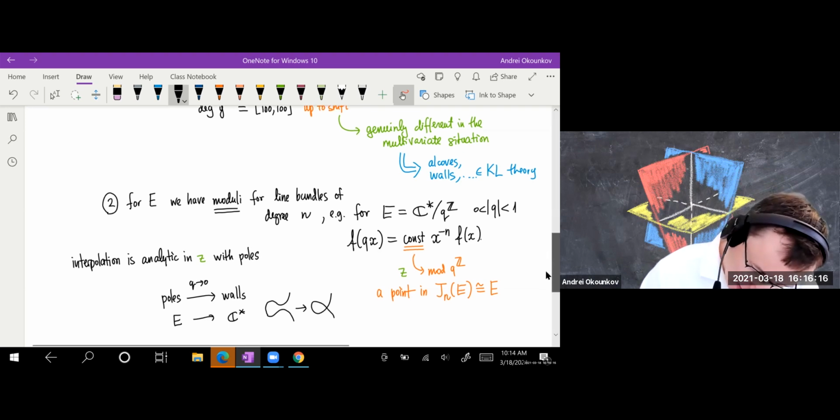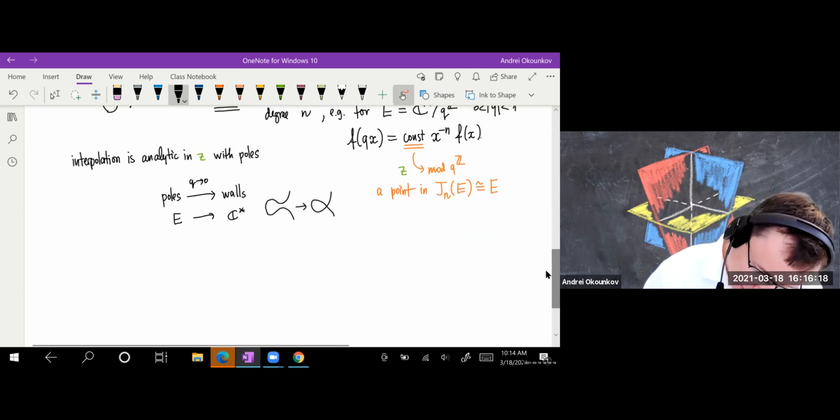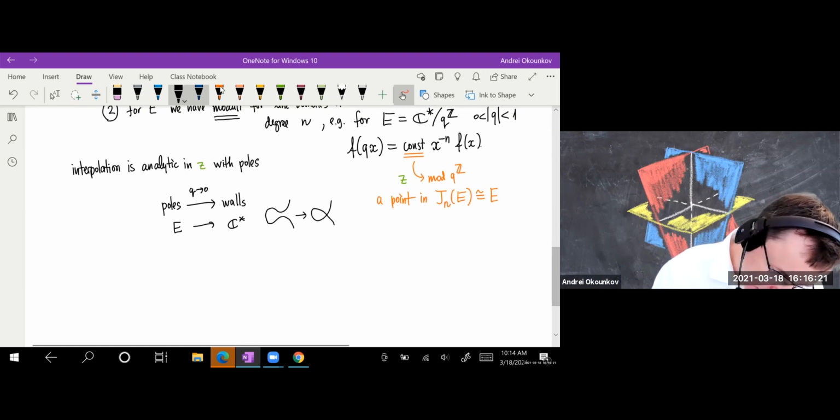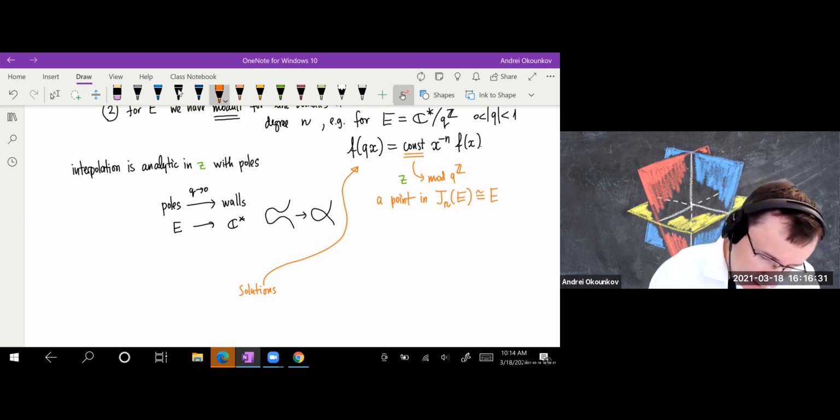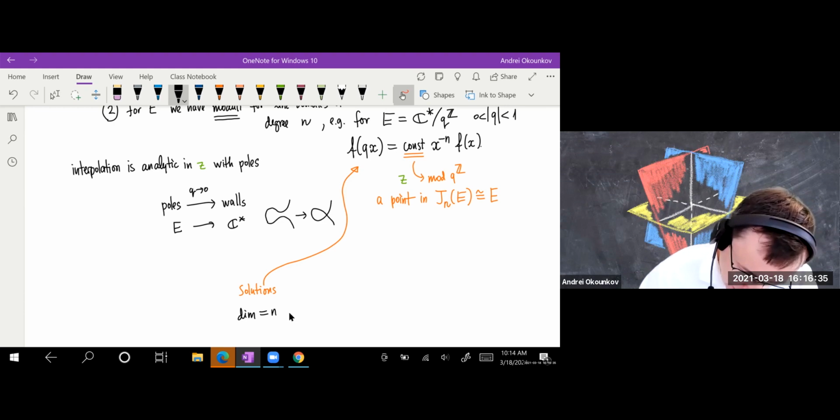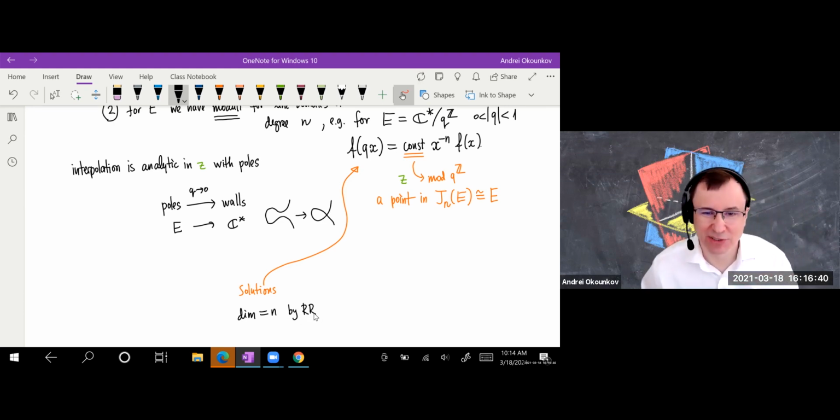Because if I look at, continuing with this example, solutions of these equations, this space has dimension equal to n by Riemann-Roch, or by any other argument that you see in the elementary theory of elliptic curves.